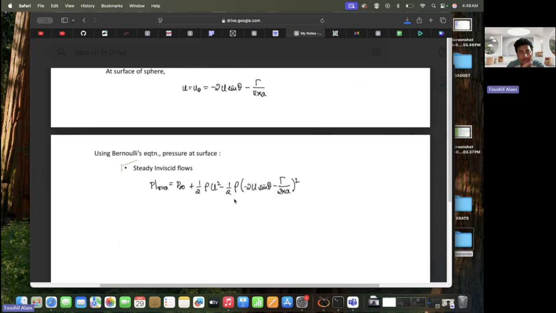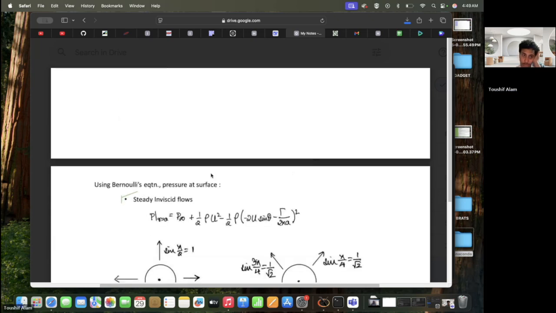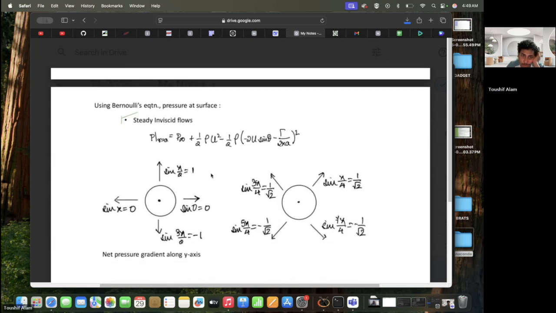Using Bernoulli's equation, the pressure on the surface, P at r equal to a, will be P infinity plus half rho U square minus half rho times the quantity minus 2U sin theta minus gamma by 2 pi a, squared.